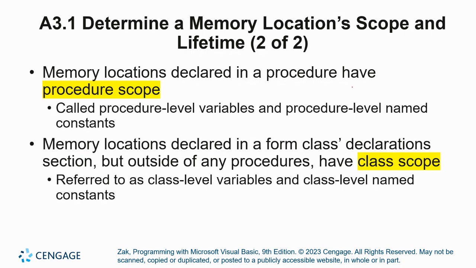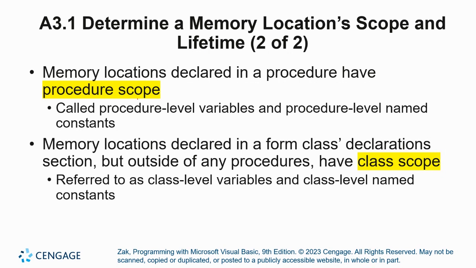these variables are accessible only within the sub procedure or function. When you have your private sub and then end sub, only within there are procedure scope variables accessible. As soon as you hit an end sub or exit sub or return statement, as soon as you're done running that sub procedure or function, the variables go away.